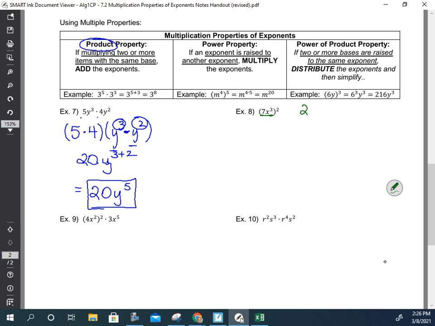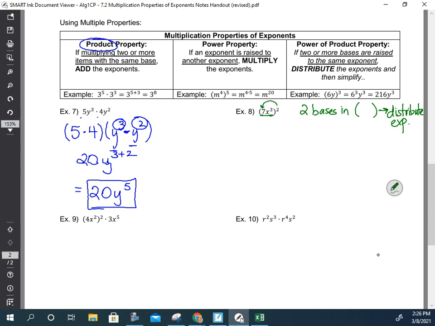We have 2 bases inside the parentheses. 2 bases in the parentheses means this is probably going to be a distributing problem. So we're going to distribute that exponent.